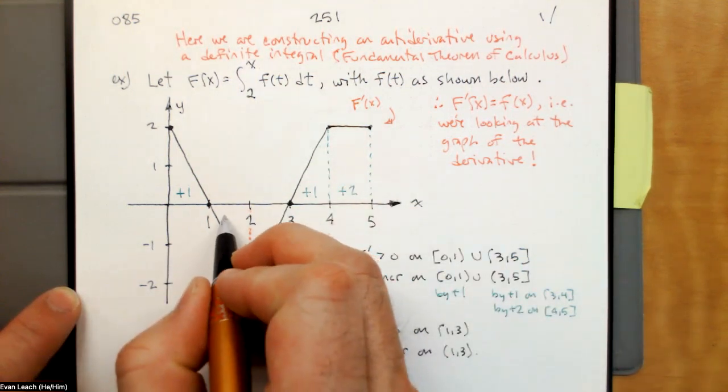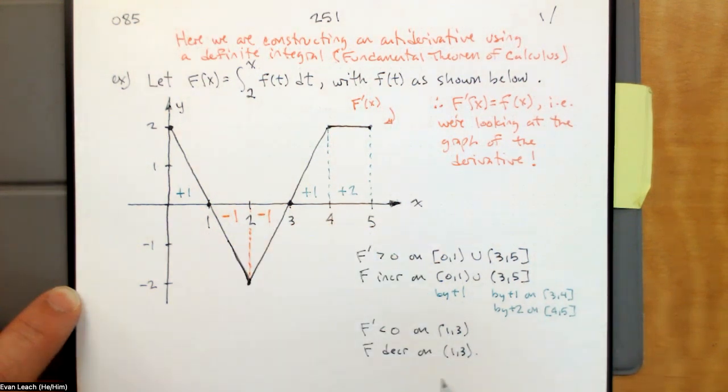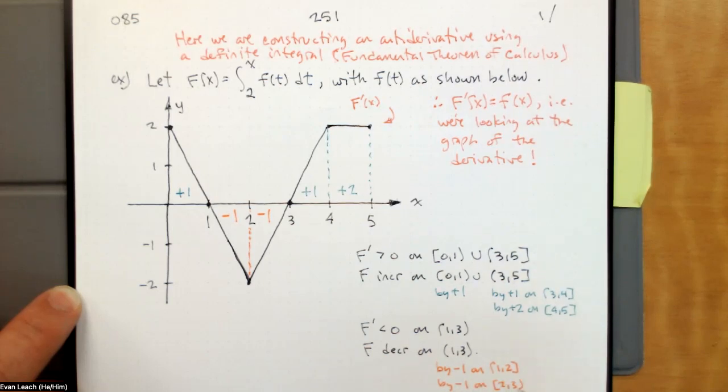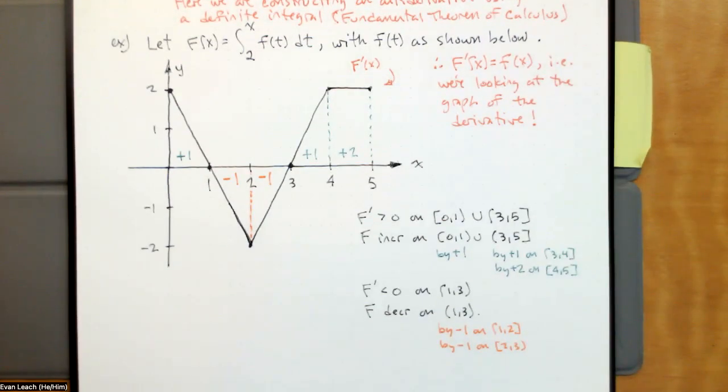From 1 to 2, we'll decrease by 1. And from 2 to 3, we'll decrease by 1 again. So we'll decrease by -1 on the interval from 1 to 2, and by -1 again on the interval from 2 to 3. I don't really have to exclude the 1 and the 3 when I'm saying about how much they decrease.